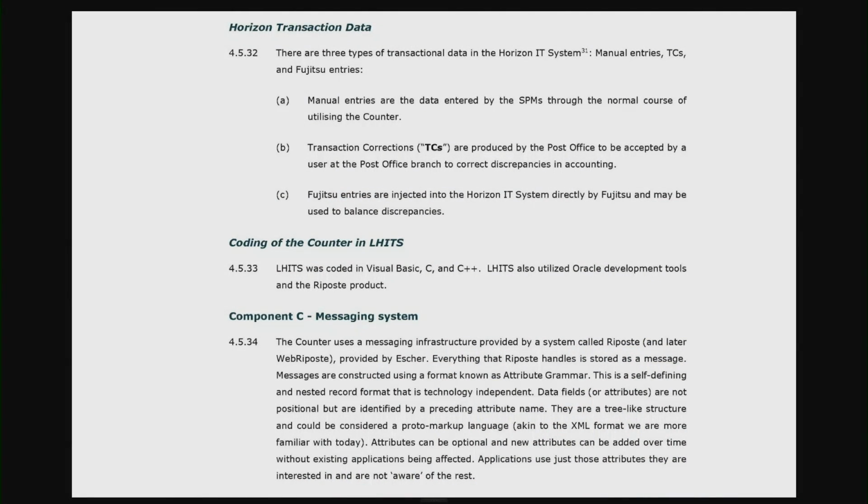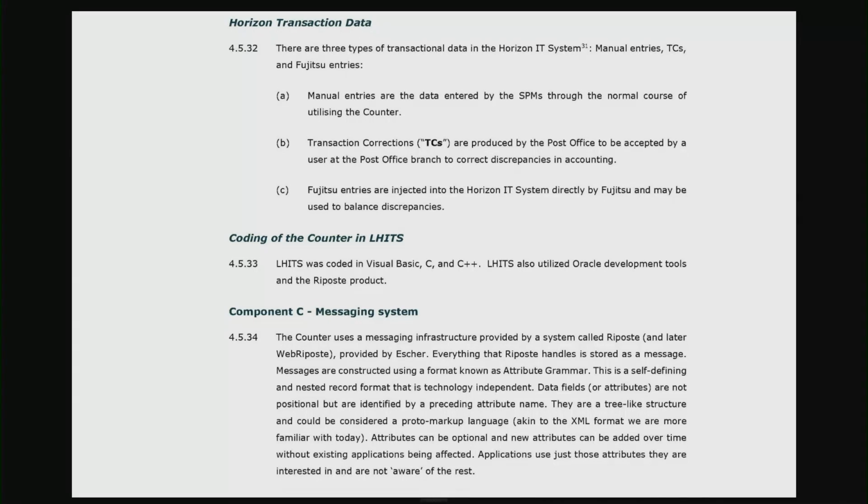The messaging system. And you say in the first line of paragraph 4.5.34 that the counter uses a messaging infrastructure provided by a system called Riposte. Can you explain what you mean, please, by a messaging infrastructure?